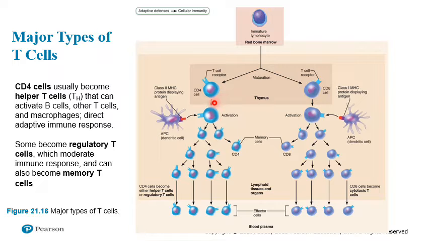CD4 cells can help activate B cells and other T cells, as well as your macrophages and the direct adaptive immune response. They can regulate that because they are there to help. I tell you, without the helper T cells, guys, our immune response will collapse. One thing for your fact sheet, the AIDS virus will attack the helper T cells.